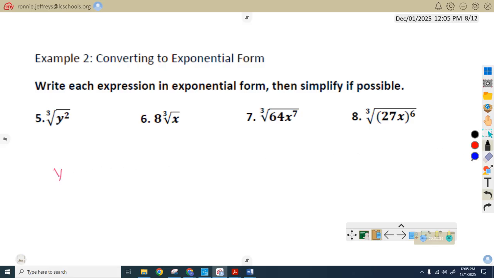All right, so I'm going to put down my Y, and then I'm going to put this down. What number's in the gutter? 3. It goes on bottom. What number is the power? 2. It goes on top. Bam.